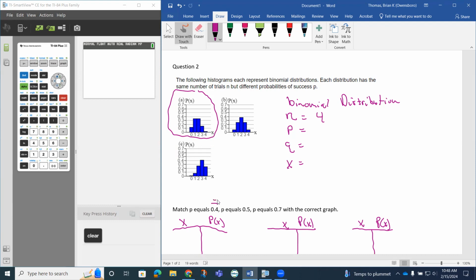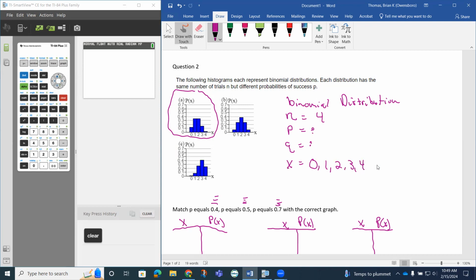This is what we're trying to figure out: which one of these probabilities goes with each one of these. But the number of successes can vary. You could have 0, 1, 2, 3 successes, or up to 4 successes.